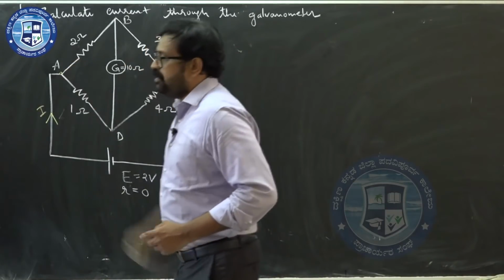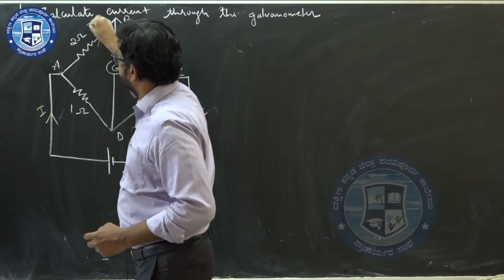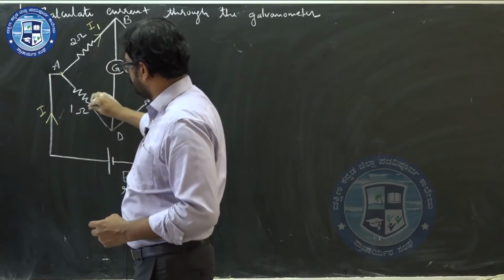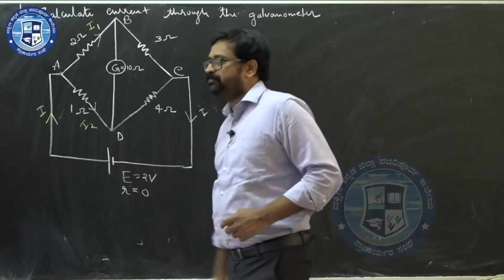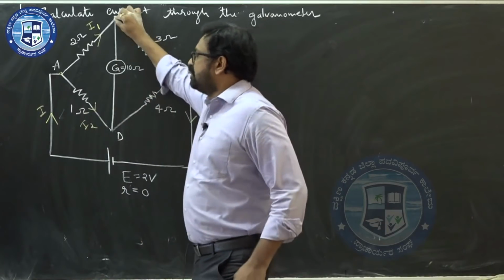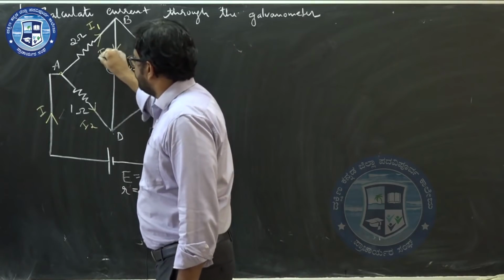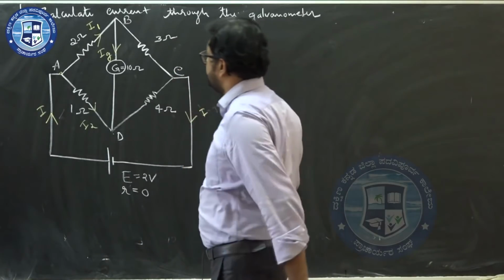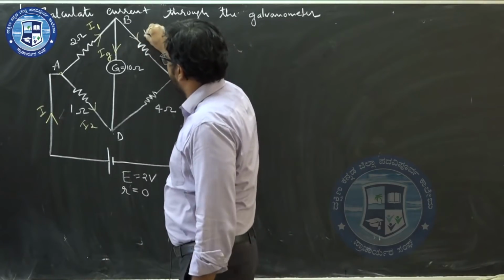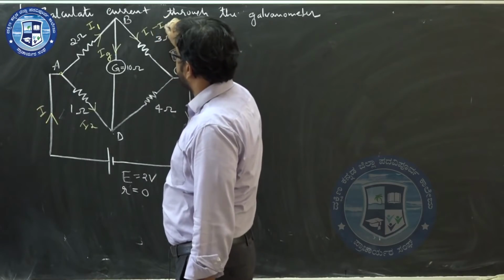Don't you think A is a node where I will divide into branches, I1 let us say through 2 ohm and I2 through 1 ohm. Assume that B is at higher potential compared to D. So, in that case I1 will divide, one part will flow through the galvanometer, that is IG, and the remaining current will have to flow through 3 ohm, it will be I1 minus IG.